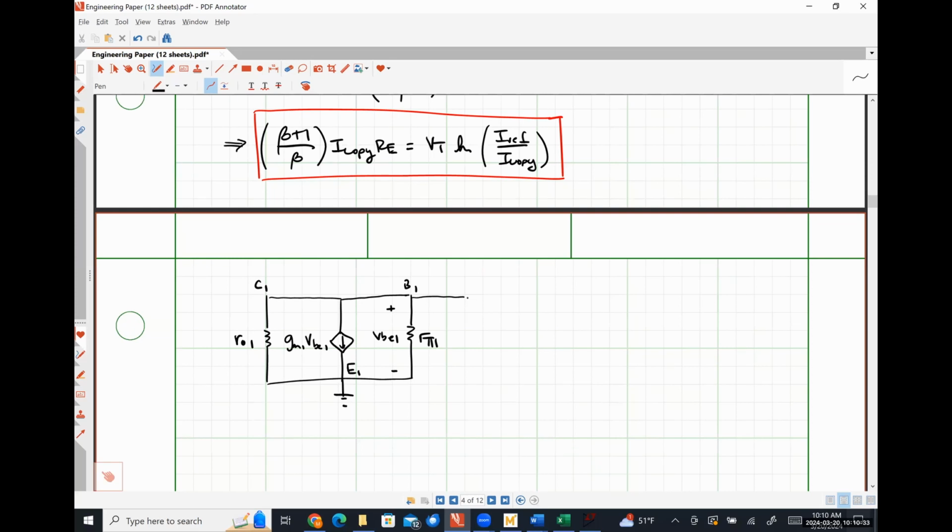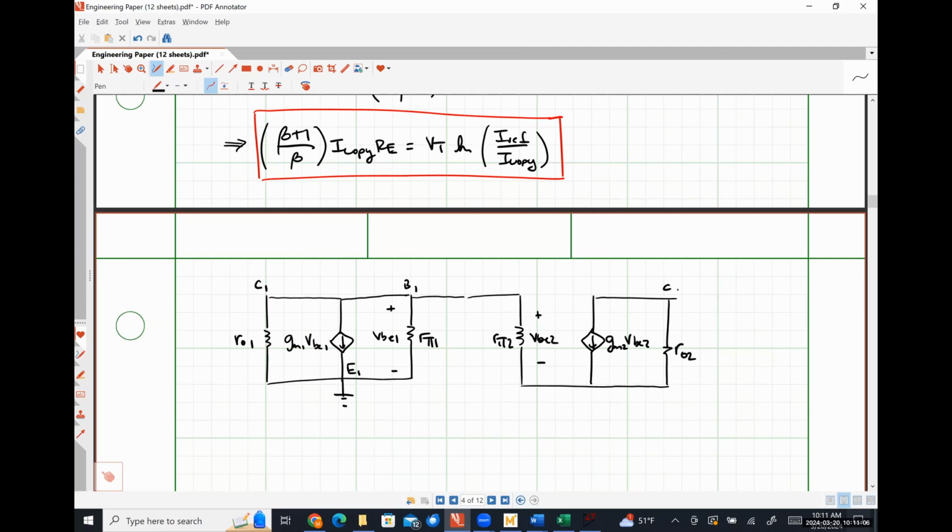And then over here on the right-hand side, I'm going to have my second transistor. R pi 2, VBE2, GM2 VBE2, R naught 2.